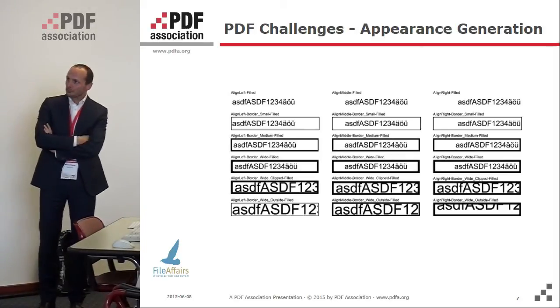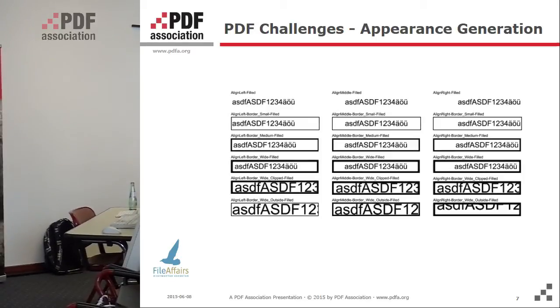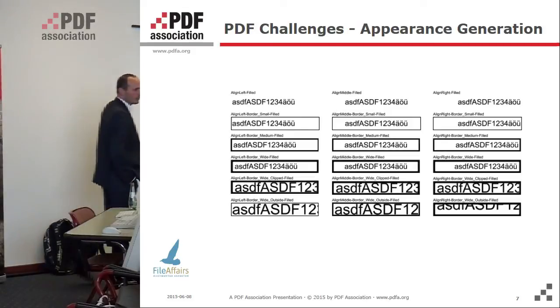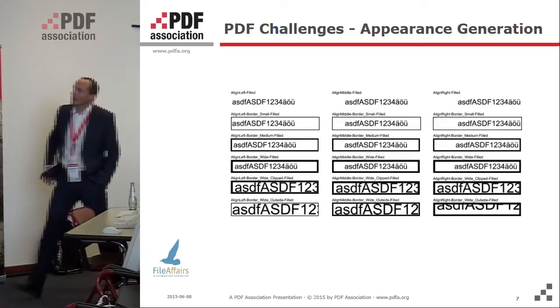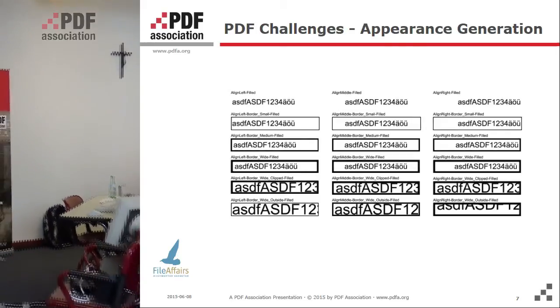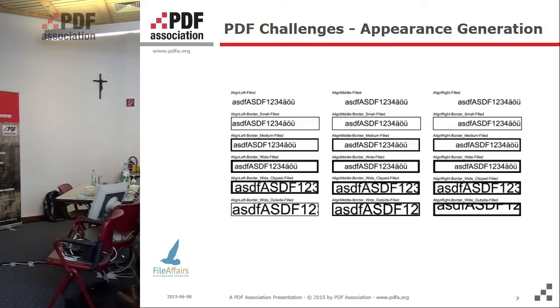Okay? And what you can see is that if you look at the left aligned fields and their borders, the gap between the border and the text is dependent on the border thickness. What you can also see is that, for example, if I have a line in the middle and my text is clipped, or the length of the text is larger than the field, it has the same result as left aligned.